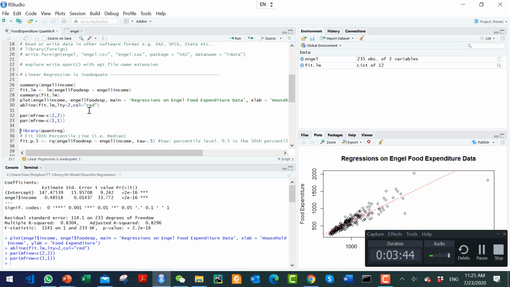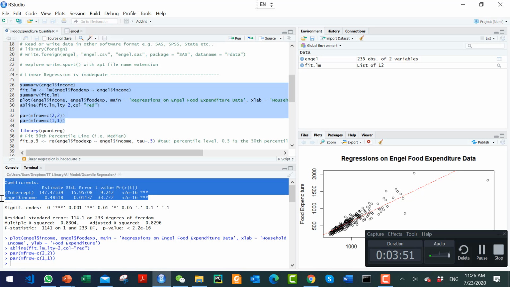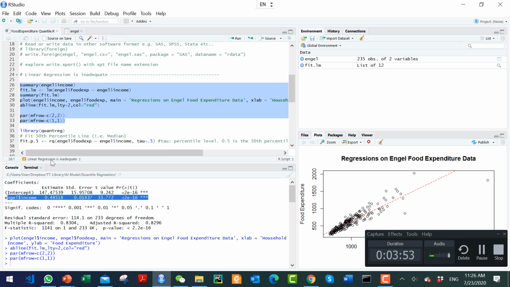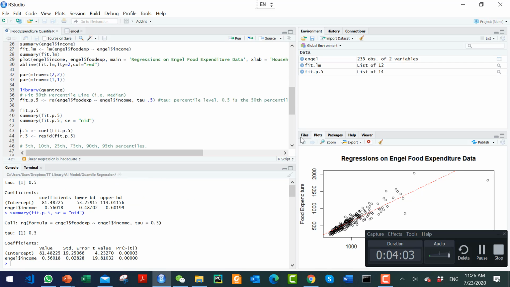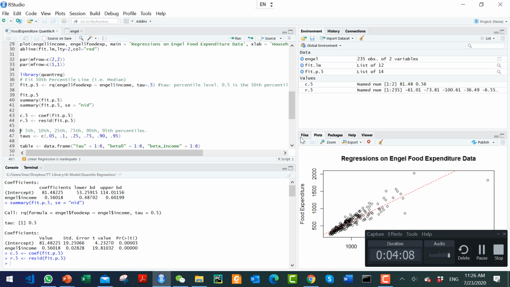This is the normal regression that we're going to use, the simplest one, the typical normal regression. You can see the three stars mean that income is quite related to the purchasing of food, which is quite obvious. For the quantile regression, we can have tau 0.5, the 50th percentile, and then more tau: 0.05, 0.1, 0.25, 0.75, 0.9, and 0.95.